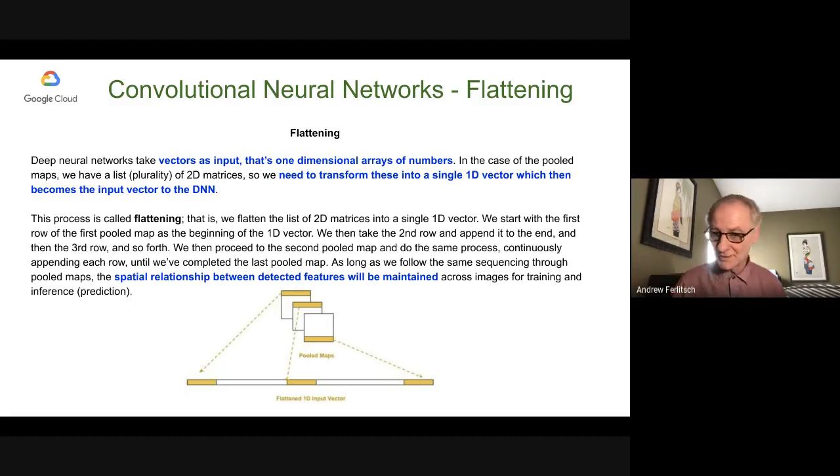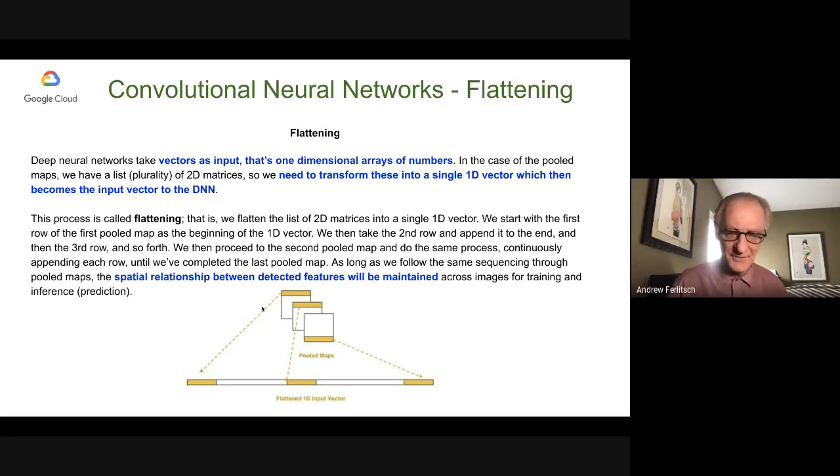If you recall in part 1, when we talk about a deep neural network, its input is a 1D vector. And here we have feature maps. So just like we did in the MNIST example, where we had one image that we flattened, here we have multiple feature maps, and we need to flatten all of them into a 1D vector.